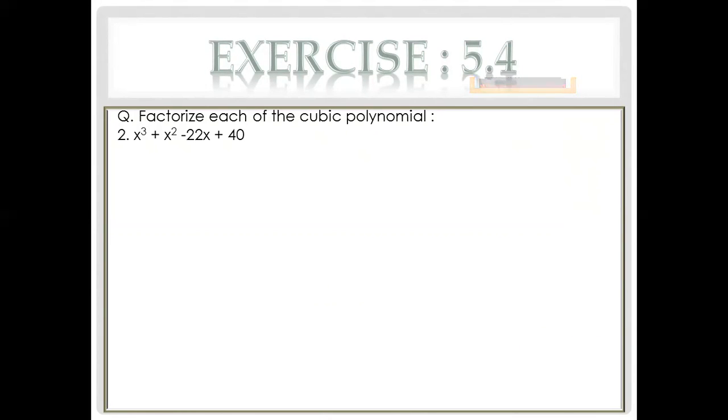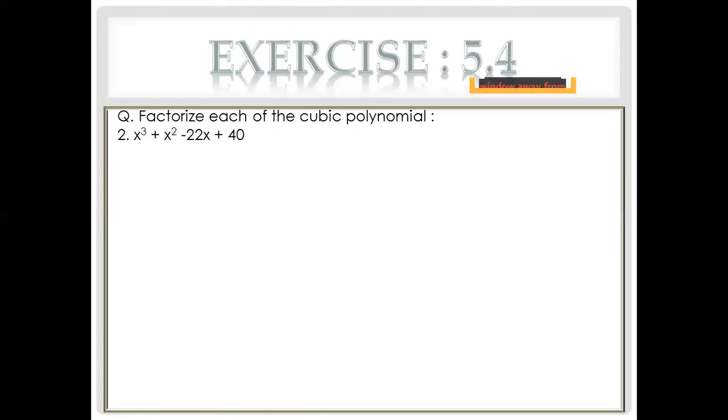We only solve these cubic polynomials by using the rational root theorem that I told you, the p over q method, where p is a constant term and q is the coefficient of x cube. We find all the possible factors of the constant and then we simplify it.